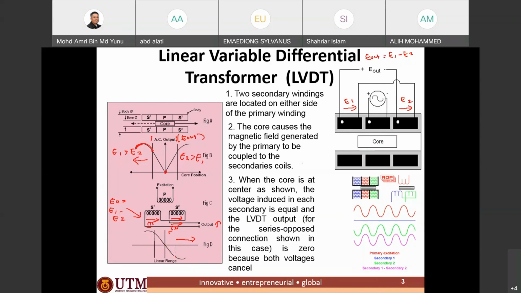But in a similar case, when it has exceeded the boundary or the limit of the core position, and the core lifts out from the center, the output will start to diminish or be gone.